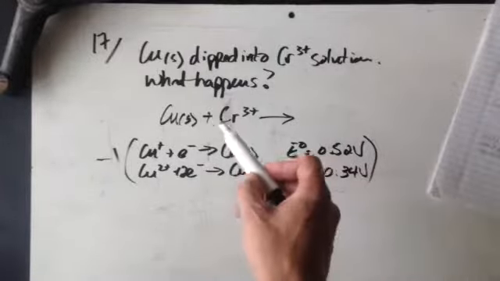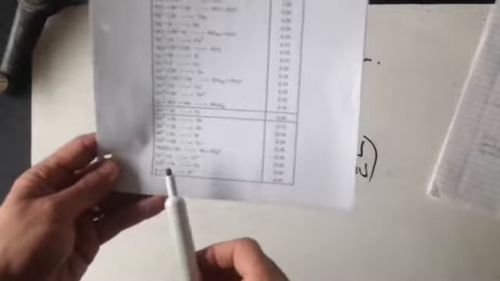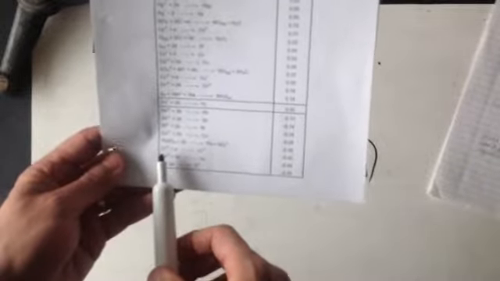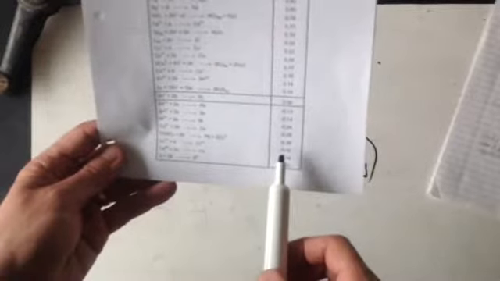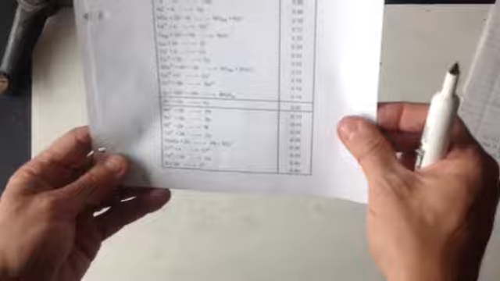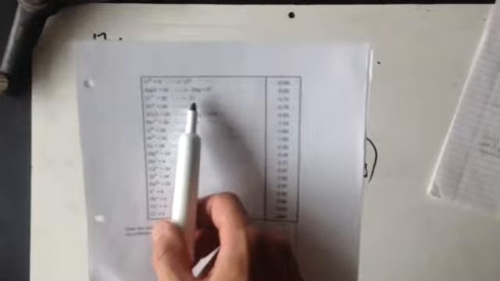Now we do the same thing for the copper 3+. So again, we look up on the sheet and we can see that there's a copper 3+ right here, and that's plus electron going to copper 2+. That has a negative cell potential. And then if we look on the back page, there's another one at the top here where we have Cr3+ plus 3 electrons going to chromium metal, and that also has a negative cell potential.